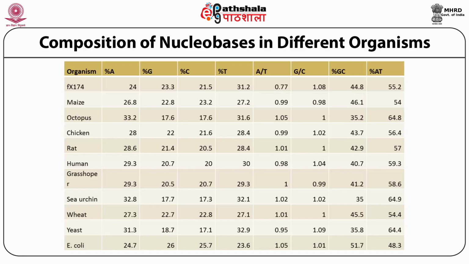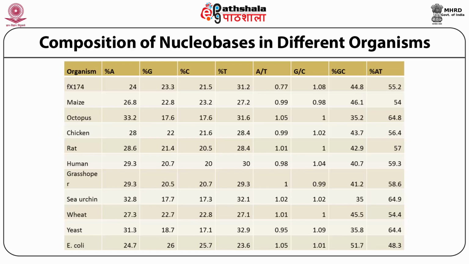Some of the organisms are richer in GC sequences and some of the organisms are richer in AT sequences. Just take the case of human. Percent AT is very high compared to percent GC. AT is 59.6%, whereas GC is 40.7%.